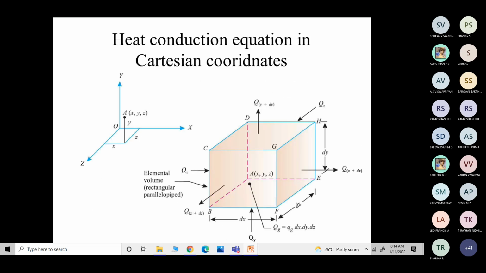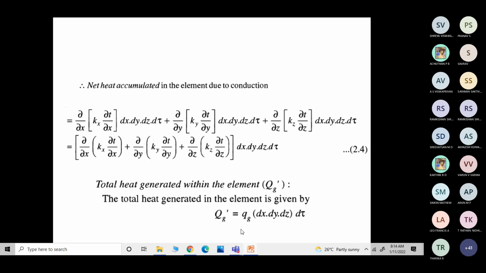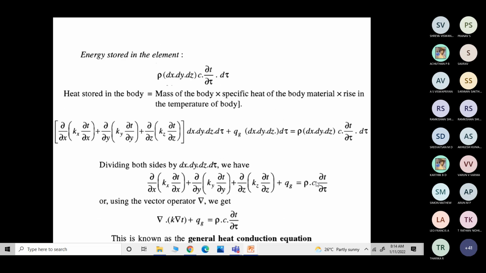When you take the volume of the solid, dx, dy, and dz, the volume is in meter cube. So the energy stored in the element, instead of putting mass, they have put density into volume into specific heat capacity into rise in temperature of the body.